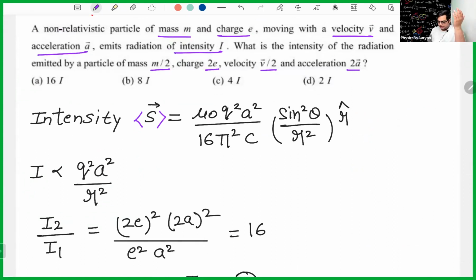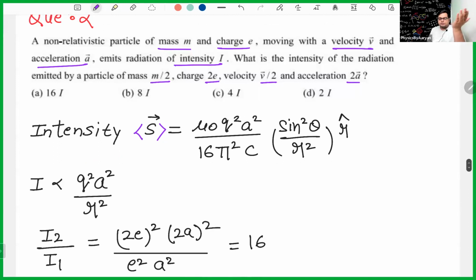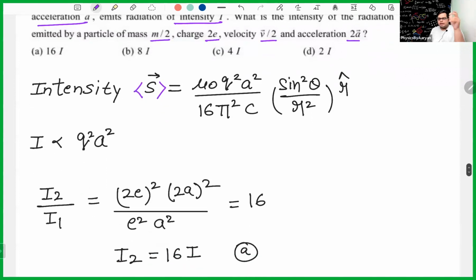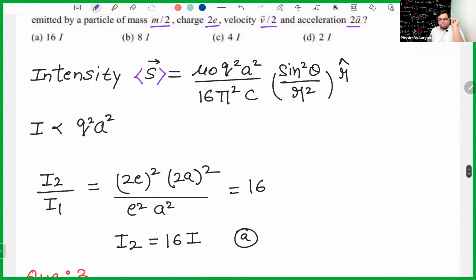I'm just changing the mass, charge, velocity and acceleration of the particle. The mass and velocity do not come in the formula; acceleration and charge do. So your intensity depends upon q square a square. Even r square does not matter.